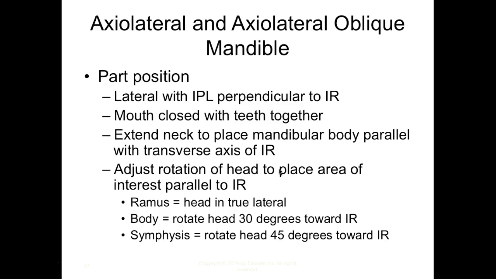So here, if we're looking at the ramus, if we are concerned that there's a fracture in the ramus, we're going to put the head in a true lateral position. If we're concerned that there's a fracture in the body, we're going to rotate the head 30 degrees towards the IR. And if we're worried about the symphysis, we're going to rotate the head 45 degrees towards the IR.